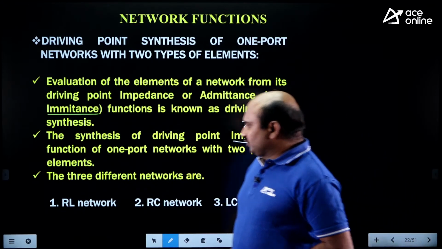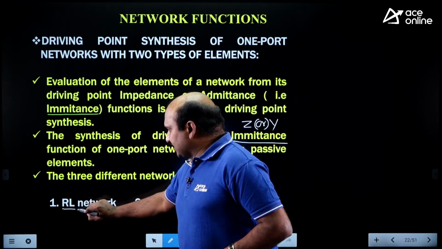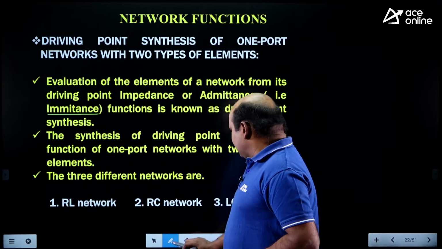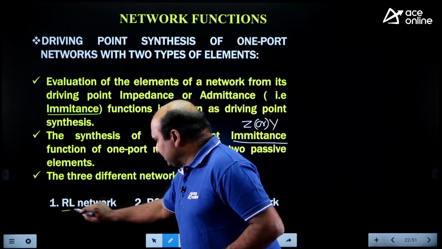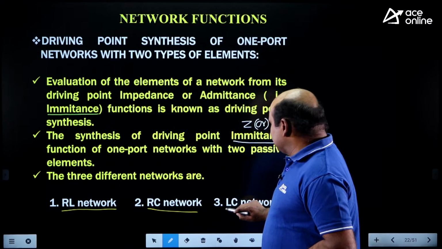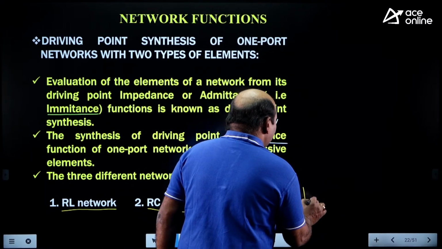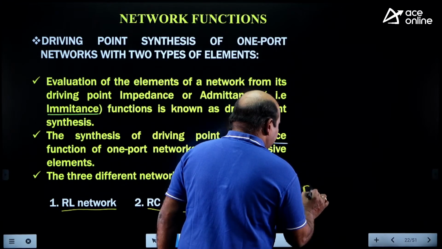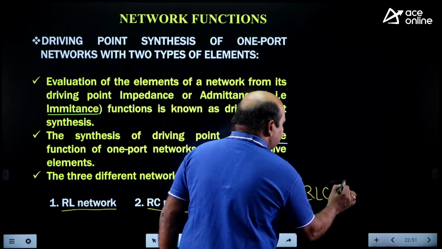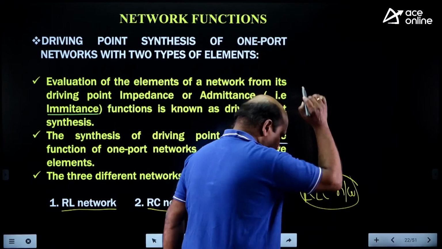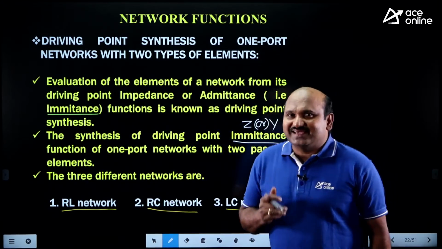Three types of networks we can realize here according to the conditions: first RL network, RC network, and LC network. And also one more you can take, the RLC network here. Now let me discuss one by one.